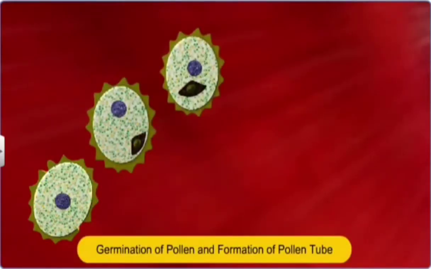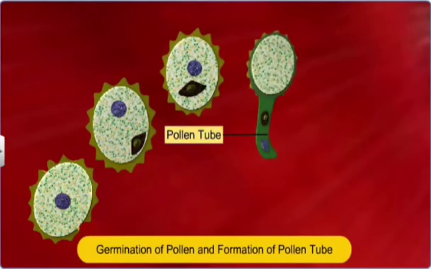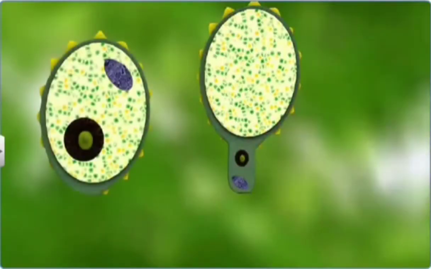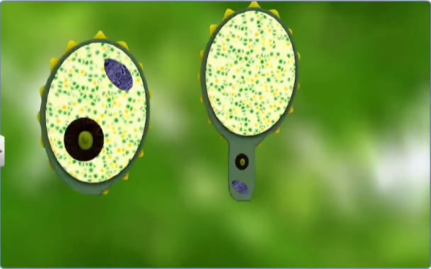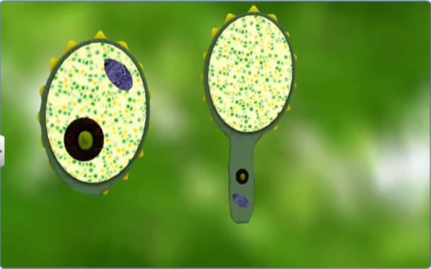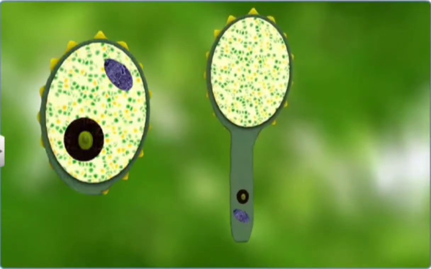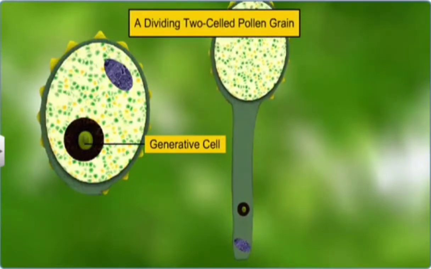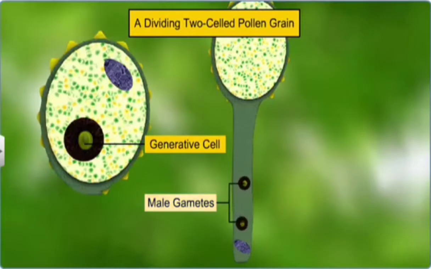Post-pollination events include the germination of the pollen and the formation of the pollen tube, which emerges through one of the germ pores. When the pollen tube starts growing through the stigma and moving towards the ovary, the generative cell, in the case of a two-celled pollen grain, divides mitotically to form the two male gametes.